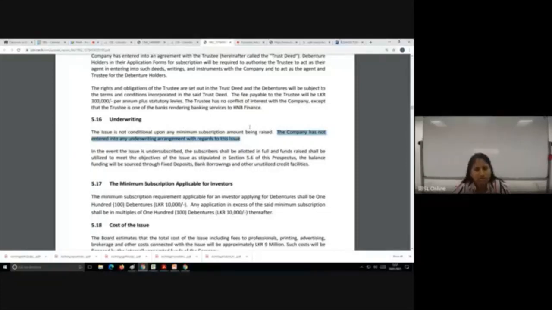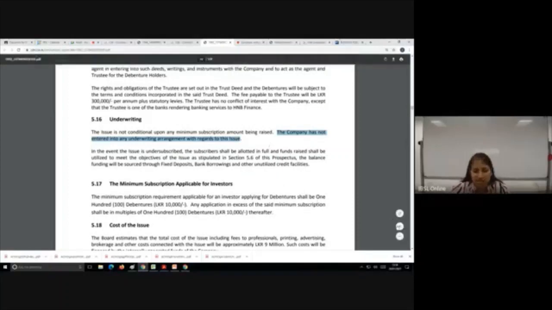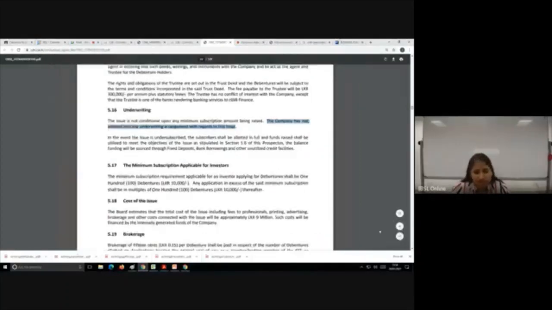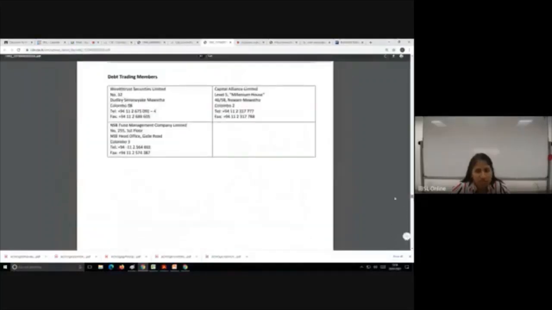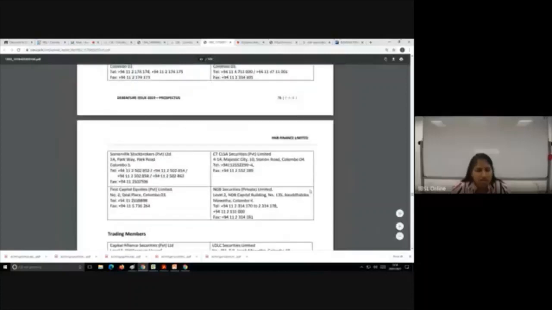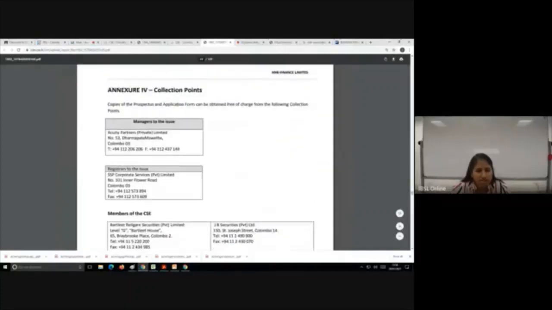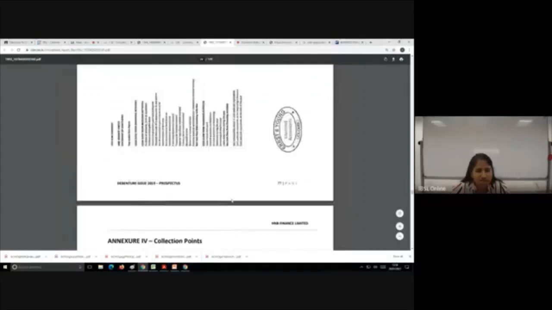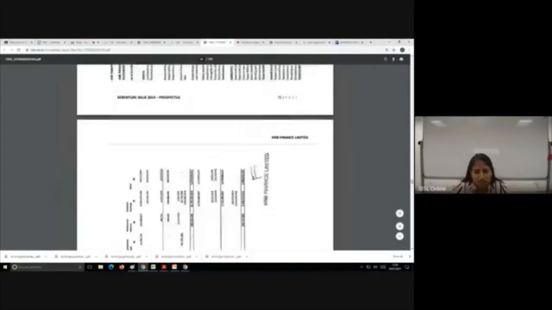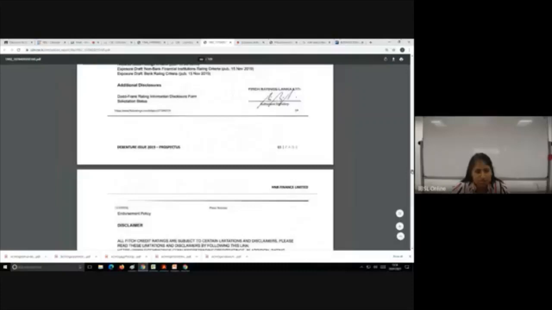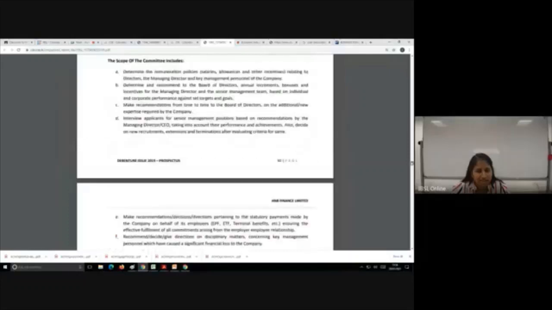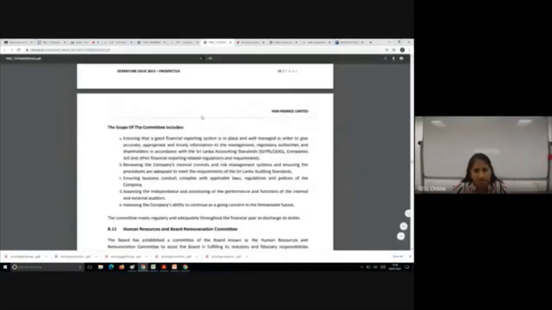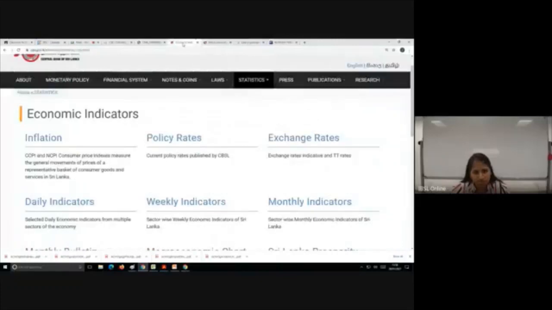So maybe from their strength, they have assessed that they don't need an underwriter, so they're going without one. And you can see how you could collect, who the trading members are, the collection points, and the distribution channels available here, similar to the equity prospectus. All the ratings and the declarations are given. All the necessary information is available in the prospectus here.